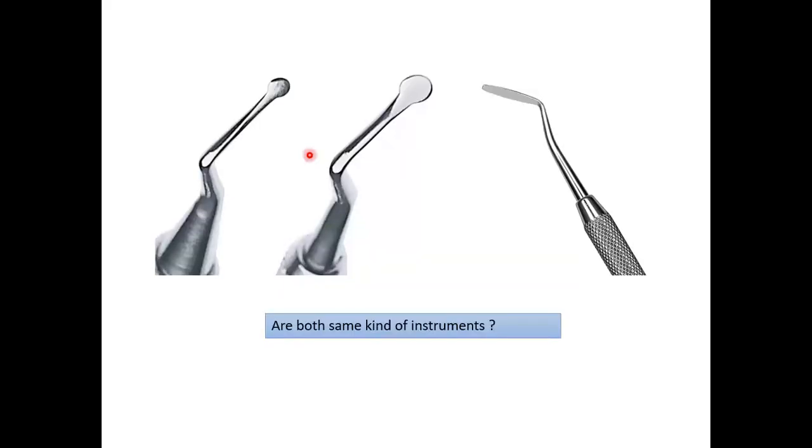So they have given certain images like this. Something looks like a spoon excavator, and this looks like a GMT, gingival marginal trimmer. When they ask what these instruments are, in your spoon excavator there will be a small depression, which is not seen here. When you look closely, they have certain serrations in this image.